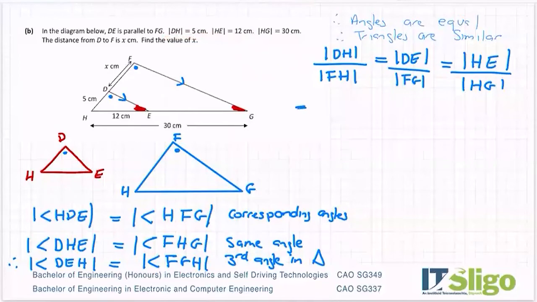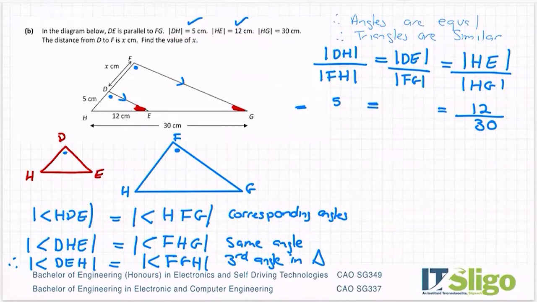So DH is 5, HE is 12, HG is 30. Okay, and that's all the information they've given me.